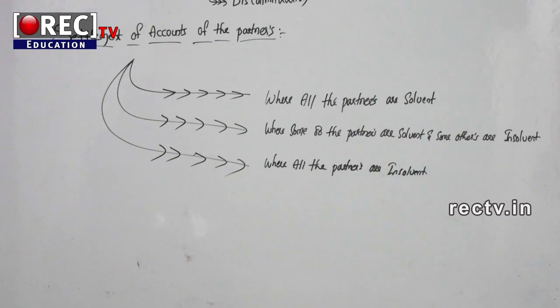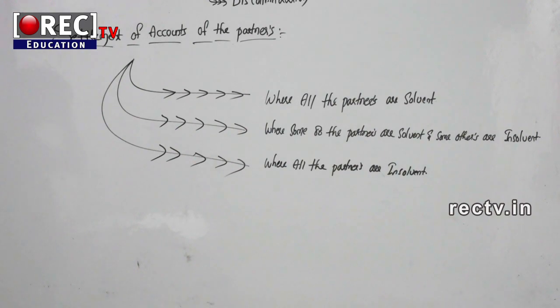In order to close the books, realization account is prepared in the usual manner without transferring the liabilities to realization account. So all the liabilities are discharged to the extent possible. Any balance unpaid is transferred to the deficiency account. Similarly, partners' capital accounts are also closed by transferring them to the deficiency account.